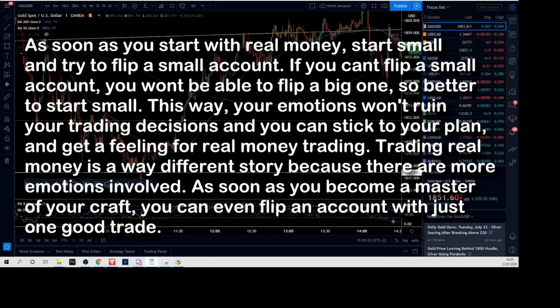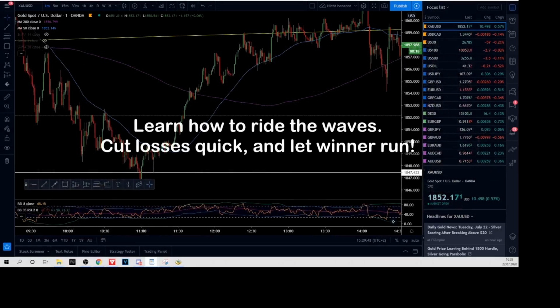And as soon as you become a master of your craft, you can even flip an account with just one good trade. I mean, learn how to ride the waves, okay? Cut losses quick and let the winners run. And I know it is not that easy to do because it is against human nature. We all want to bank profits quick, but at the same time, we don't want to lose money.